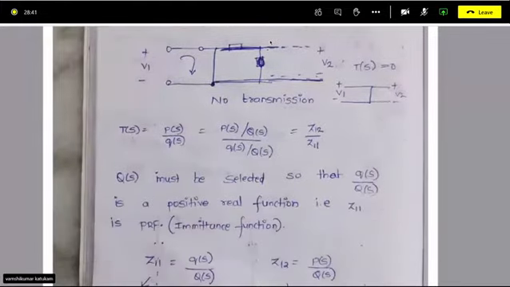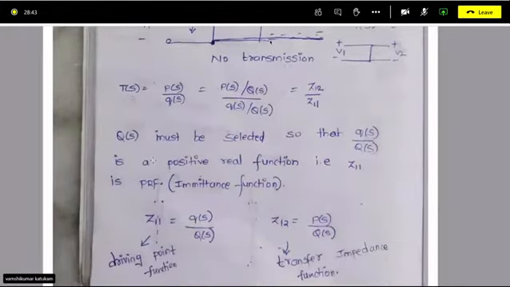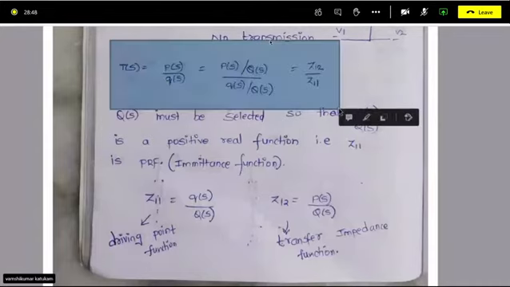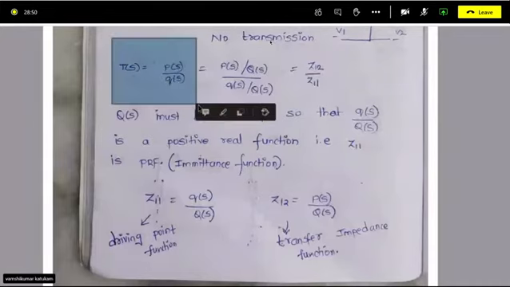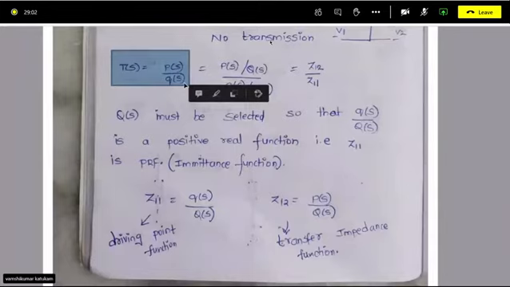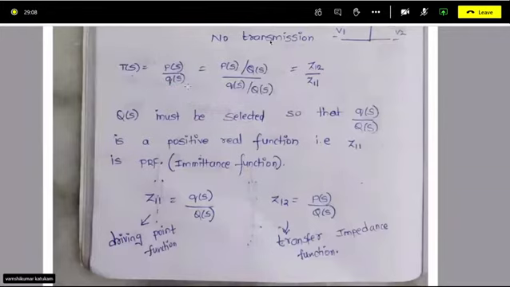Now coming to this transfer function. This is our transfer function, P of S. To synthesize the network, this is what we are going to do. T of S, P of S upon Q of S, will be given to us.